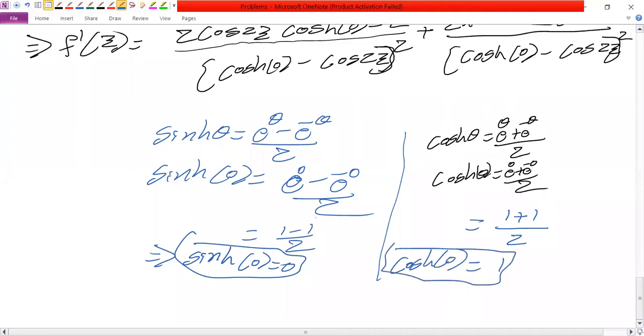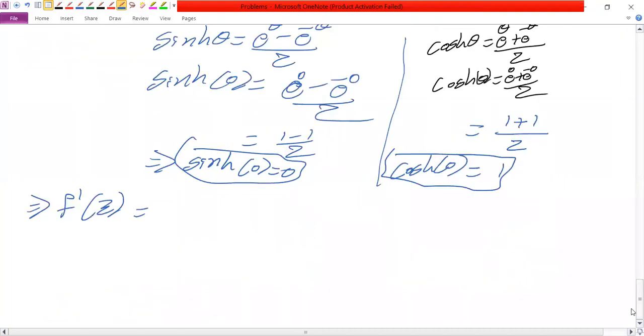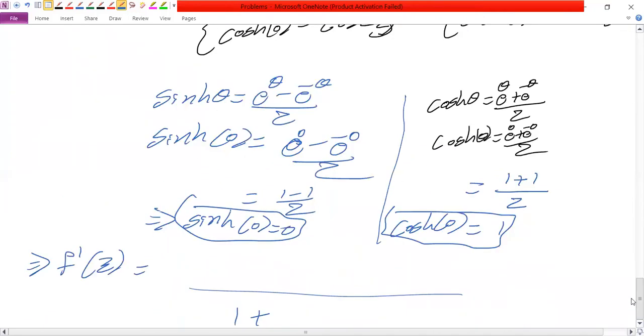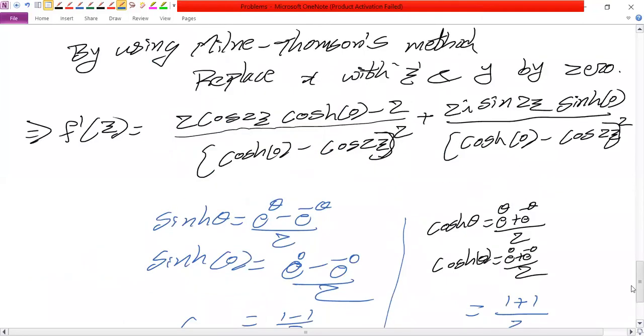Now substituting these things in our previous step, that implies f dash of z equals to, writing the LCM as a single function. Here the LCM is 1 minus cos 2z whole square, this is the denominator, and the numerator will be 2 cos 2z into cosh 0, which is 1.